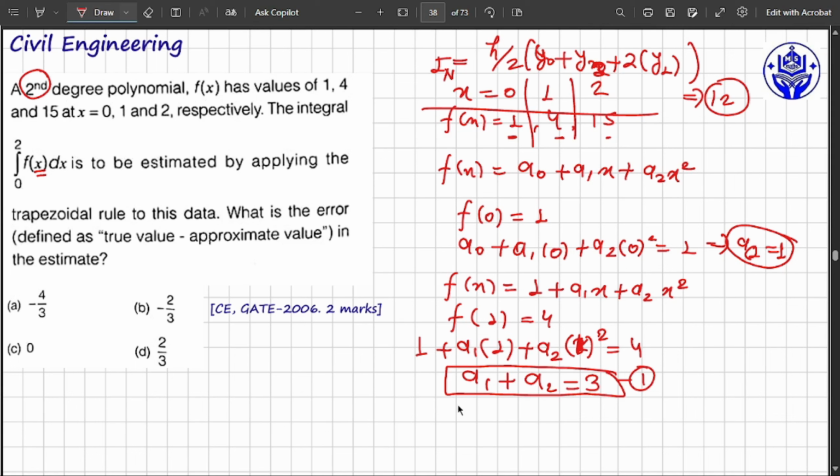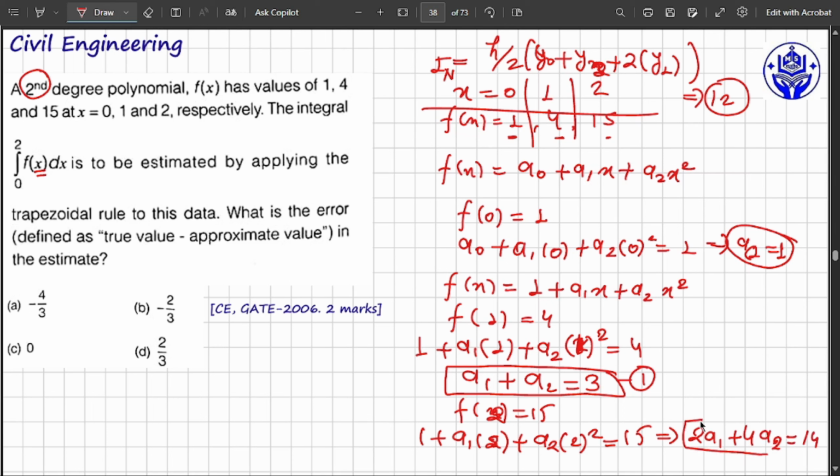And again, if I put 2 in f, then I will get 15. Then it will be 1 plus a1 of 2 plus a2 of 2 square is equal to 15. Then the next equation will be twice of a1 plus 4 a2 is equal to 14. This is equation number 2.